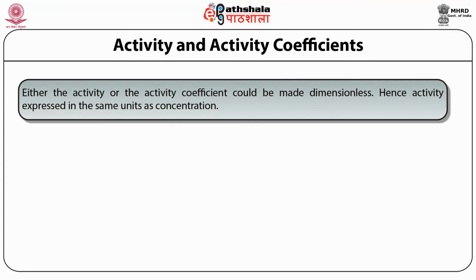Either the activity or the activity coefficient could be made dimensionless. Generally, it is the activity coefficient which is so treated. Hence, the activity is expressed in the same unit as the concentration.